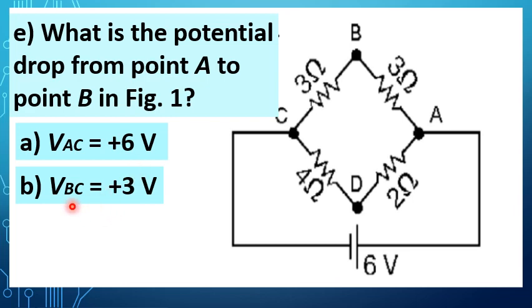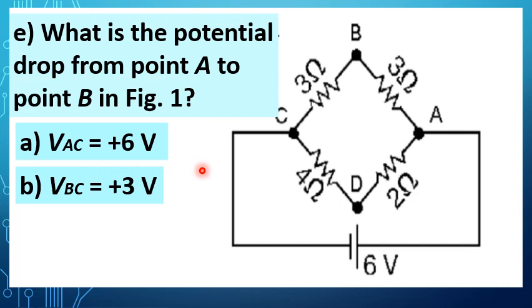And for question letter B, the potential of point B relative to point C must be positive 3 volts. All right. So, why do we have these answers?